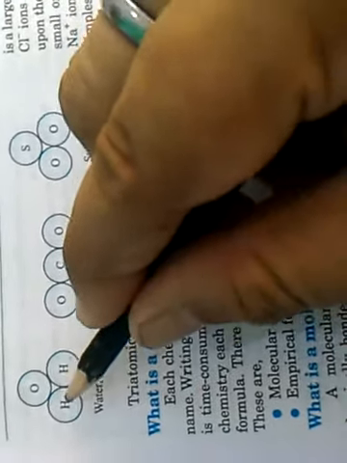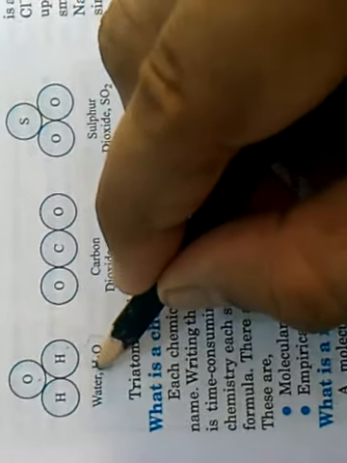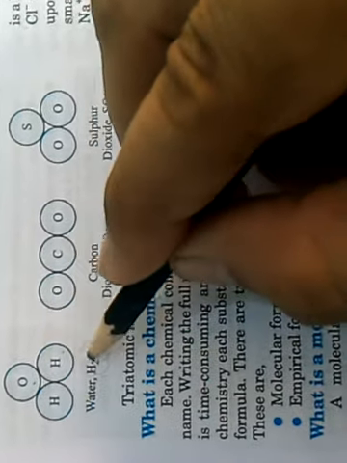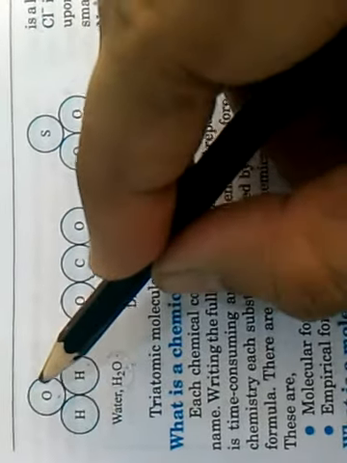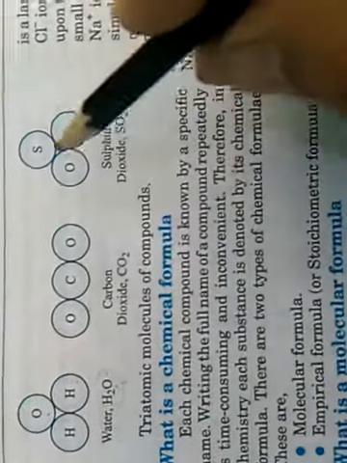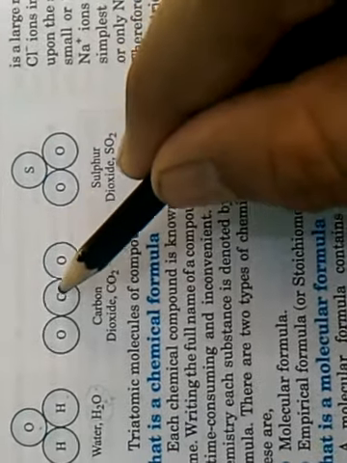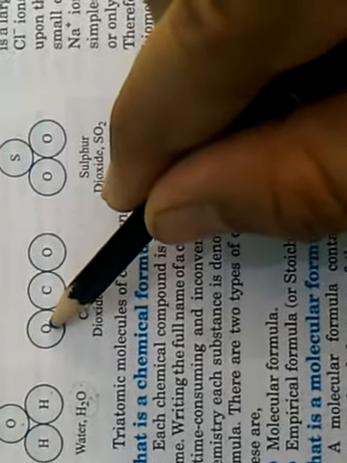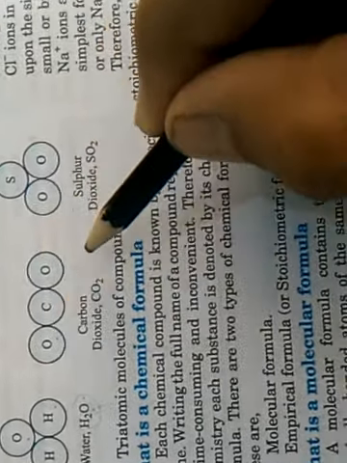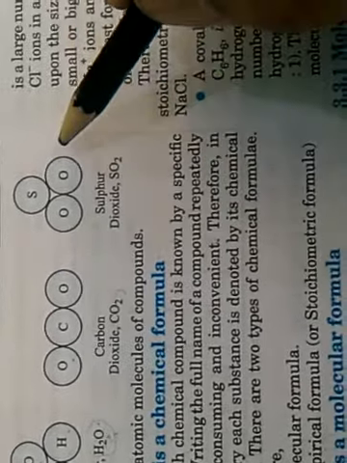For example, H2O, hydrogen and oxygen both are present here, so I wrote down their symbols H and O. Hydrogen is 2, so I wrote down 2 in subscript just after H, and O is single, so I wrote nothing. Here, carbon dioxide, carbon has symbol C, oxygen has symbol O, so C and O. Oxygen is having 2 atoms, so I wrote 2 after O in subscript. Similarly, same is the case of sulfur dioxide.